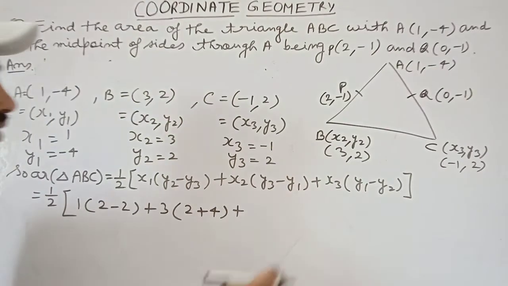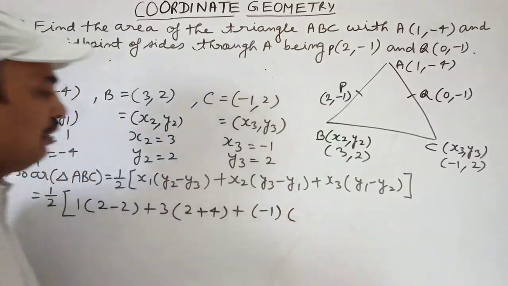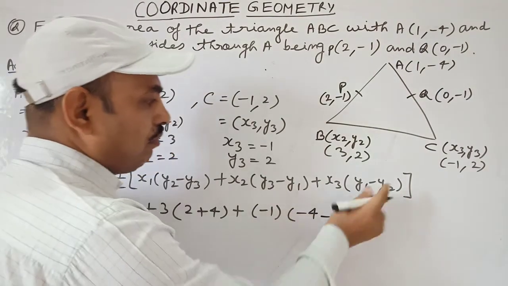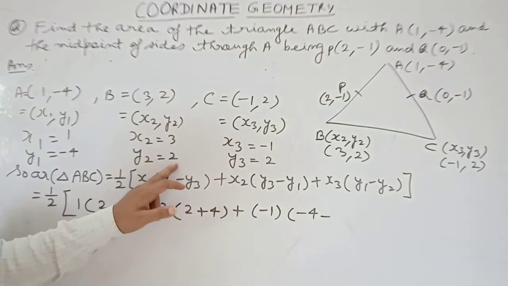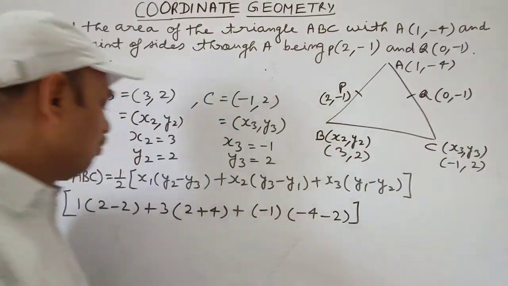Plus x3, which is -1, y1 is -4, y2 is 2.